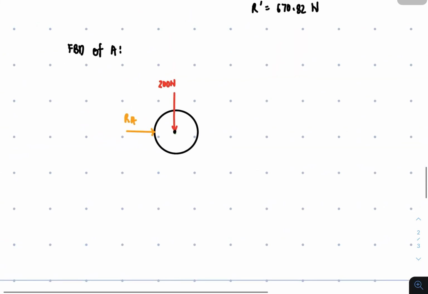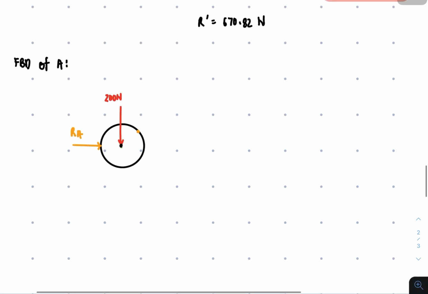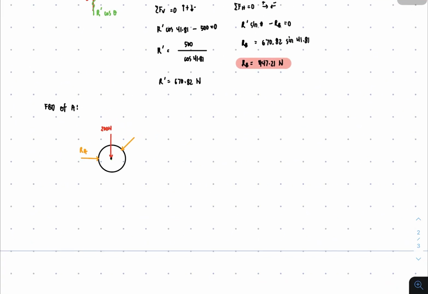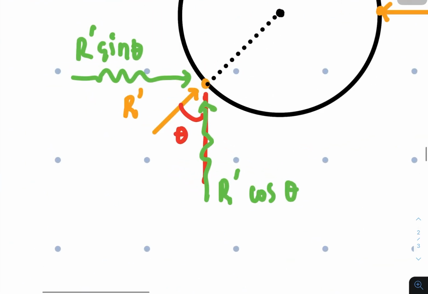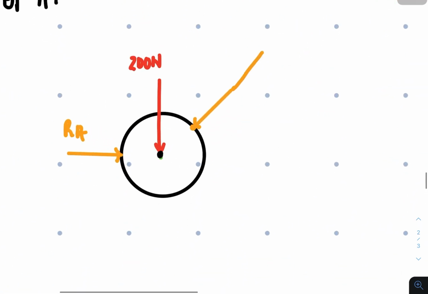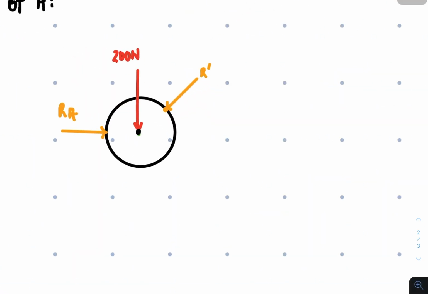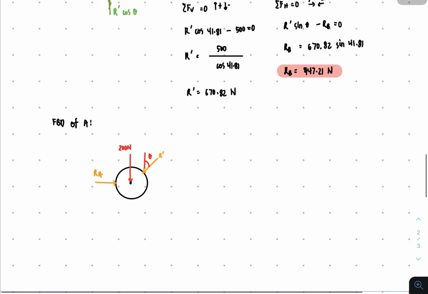Okay, so this is our RA, and of course we have this point of contact here, wherein R prime is also acting. Here we have upward R prime, so it's now downward here, so this is R prime. And this is theta from the vertical, the angle of inclination.